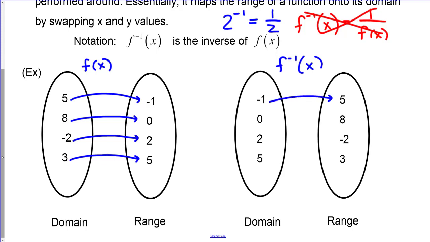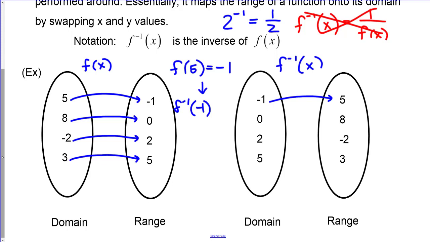So for instance, let's say I put the value 5 into my function f. 5 maps to negative 1. So the result is negative 1. So f of 5 is equal to negative 1. Going the other direction, f inverse of negative 1. So now the input of the inverse is an output of my f.